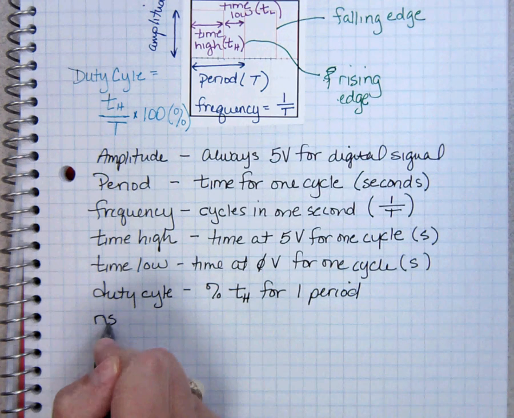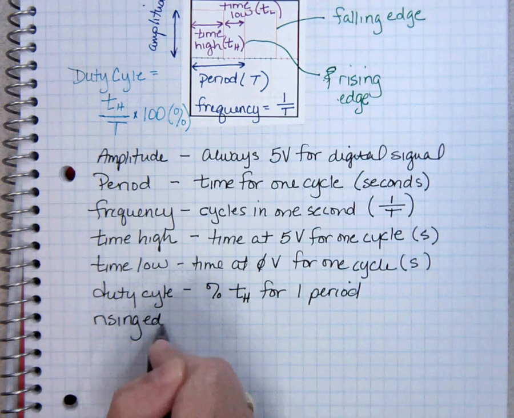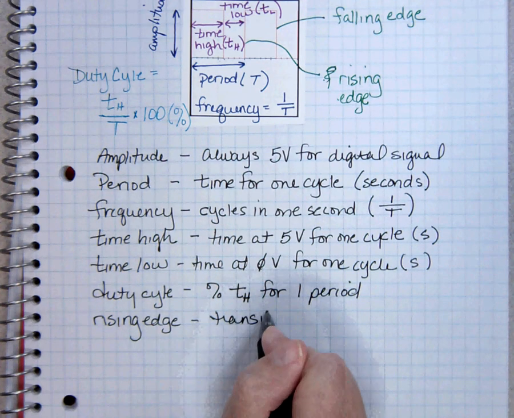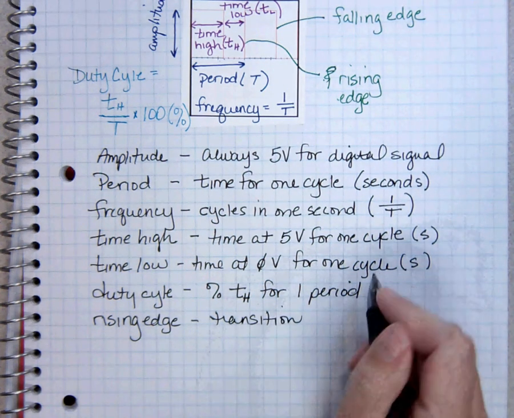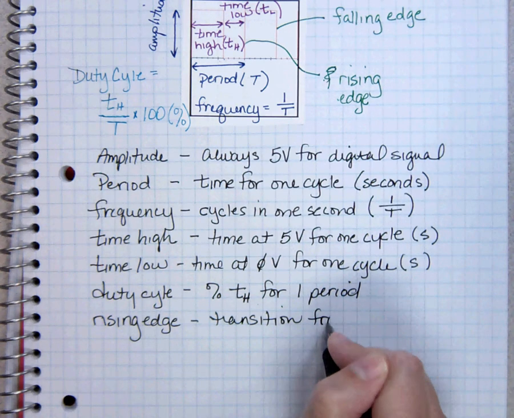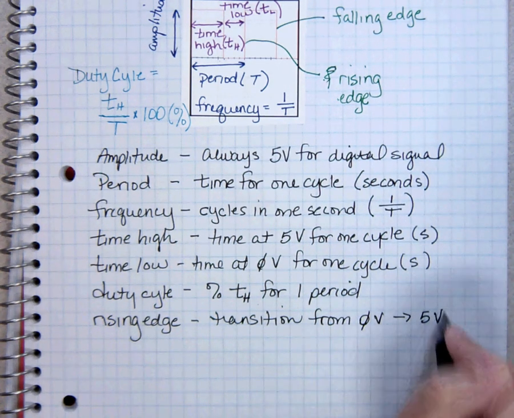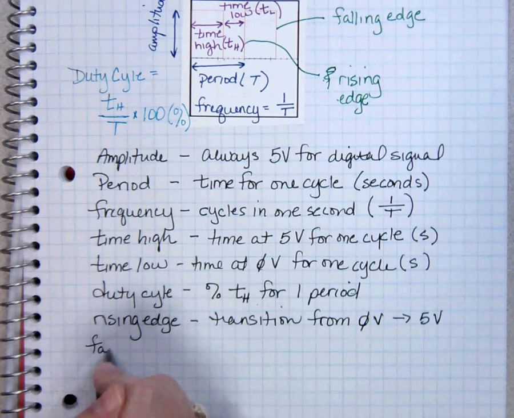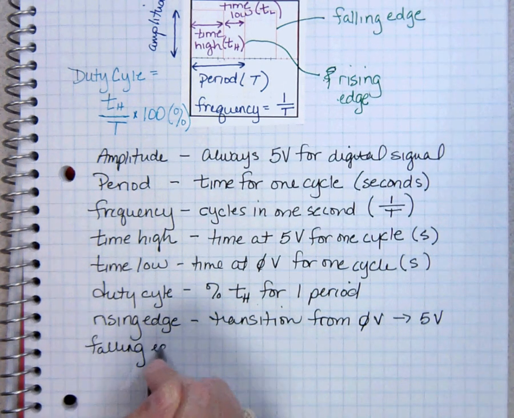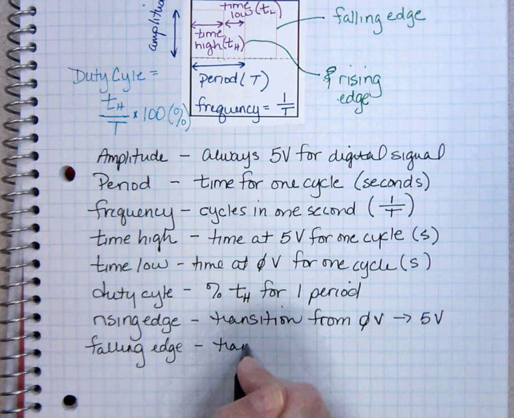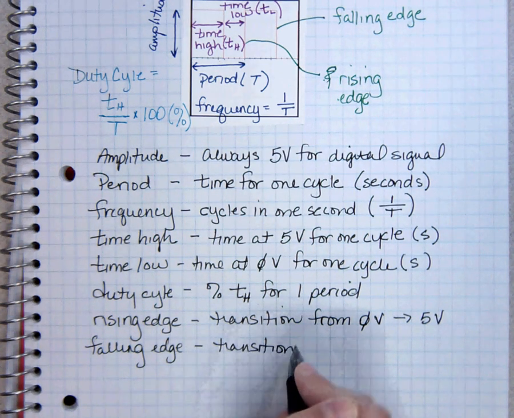Rising edge is the transition from 0 to 5 volts. Falling edge is the transition from 5 volts to 0 volts.